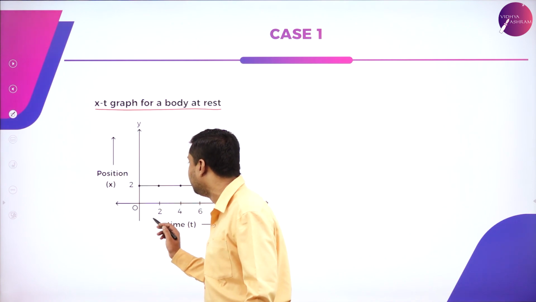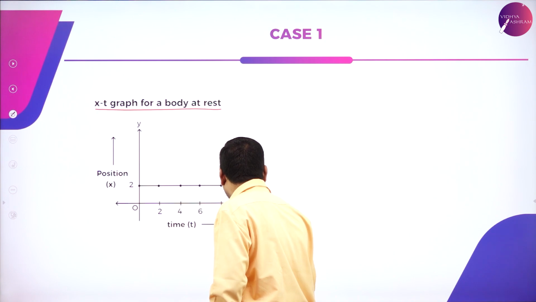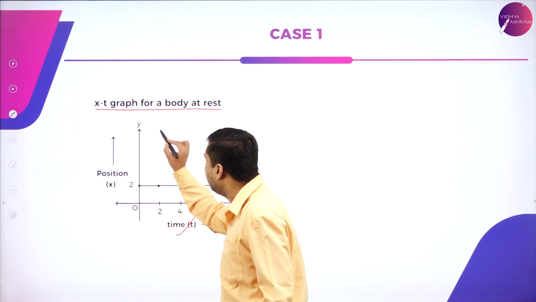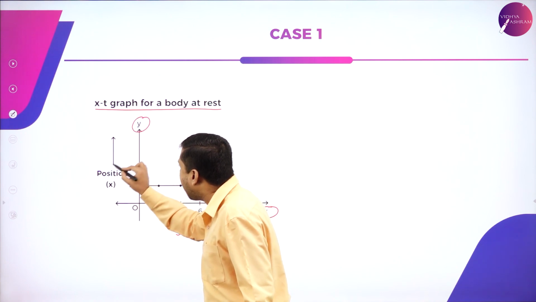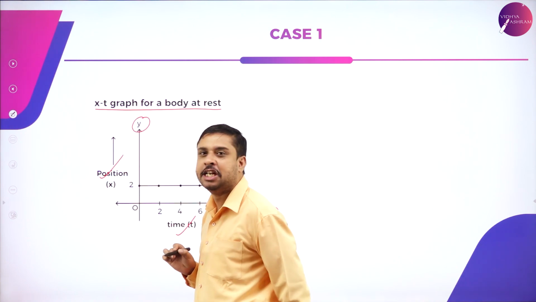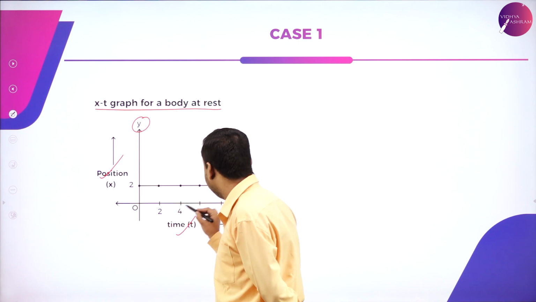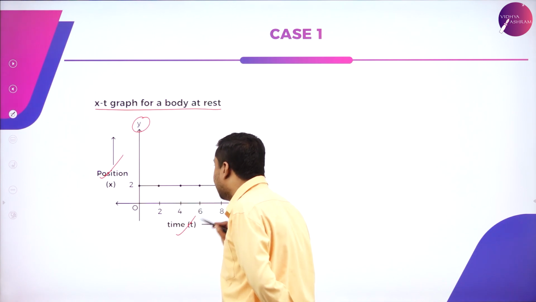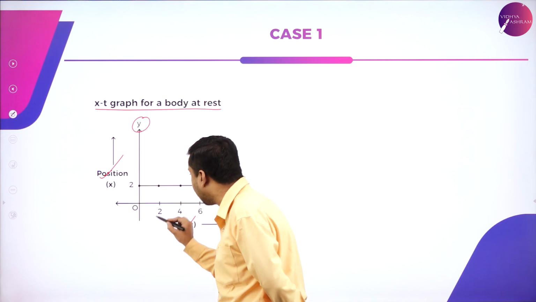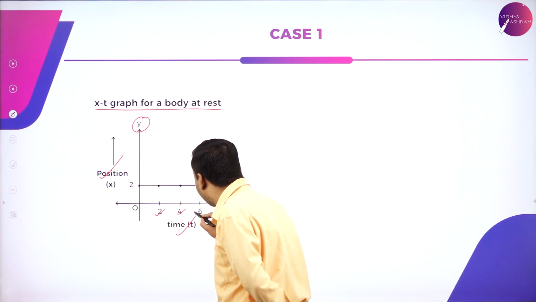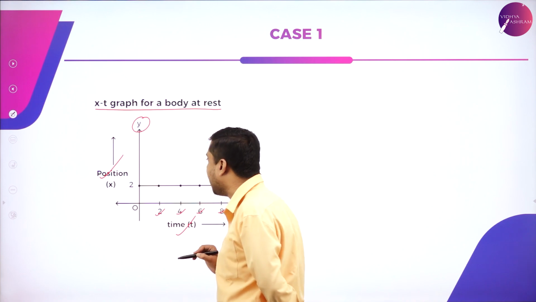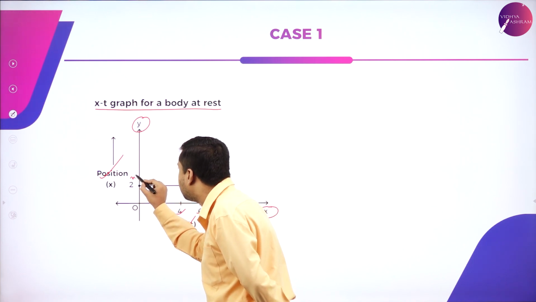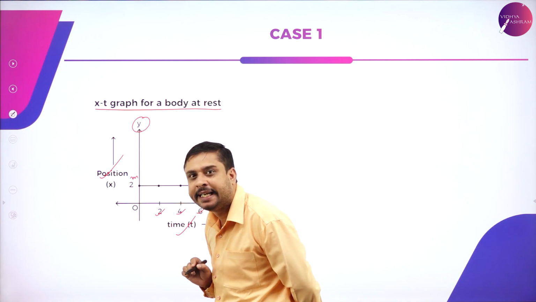Therefore, now again, along x-axis, time is plotted. Y-axis, position is plotted. Time interval I have taken in span of 2 seconds, 2, 4, 6, 8, etc. And position in span of 2 meters.